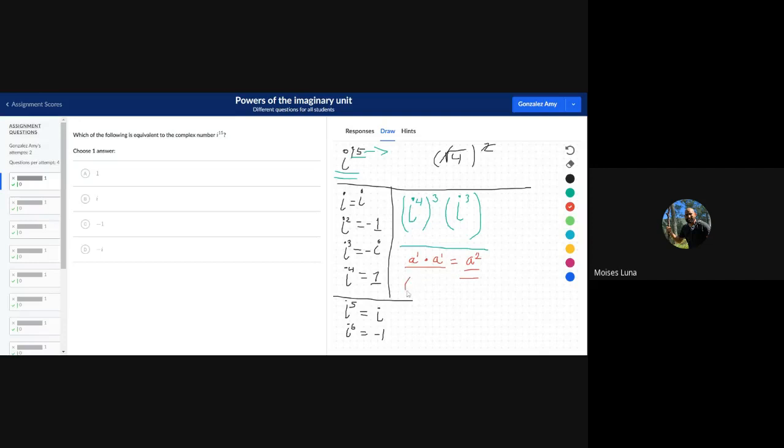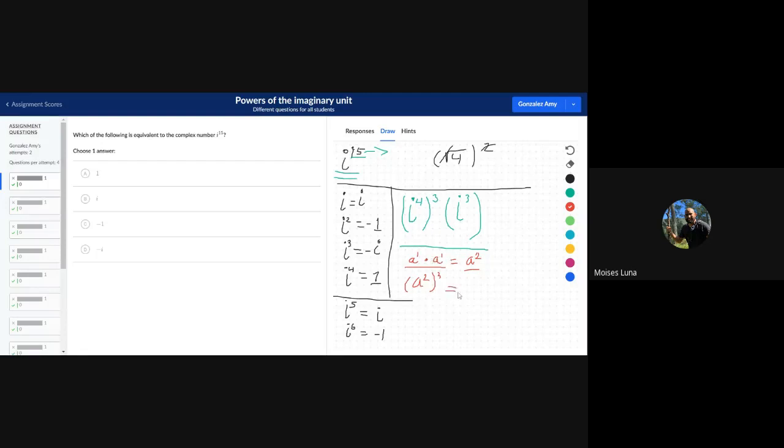Whenever you raise a power to a certain power, for instance a squared raised to the third power, you multiply the exponents. So 2 times 3 equals 6. When a letter is raised to a power, you multiply the exponents, and when you multiply letters, you add the exponents.